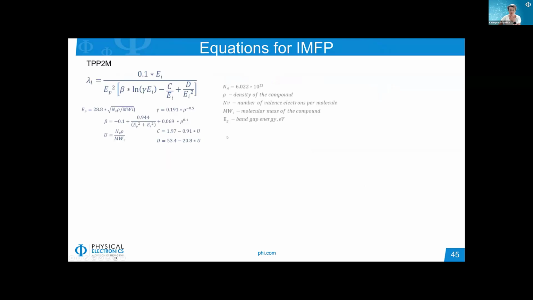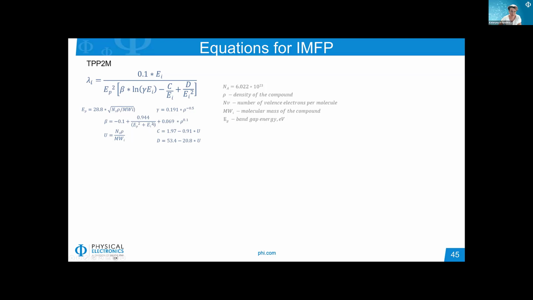In the paper that I showed before by Margensia, there are four equations being suggested. The first one is probably the most common; most of the databases are using TPP2M. We can see that it's an empirical equation, and some of the parameters included in these calculations are the molecular weight of your material, the density of your material, the number of valence electrons, and also the energy gap.